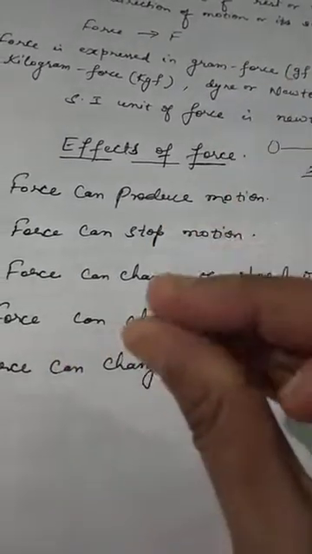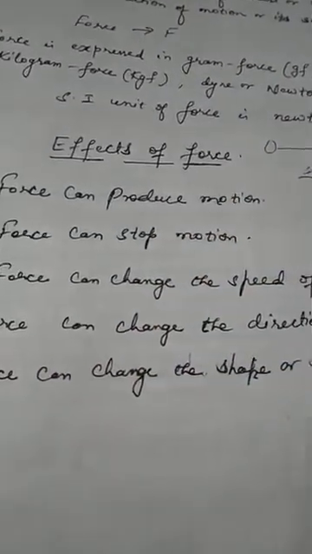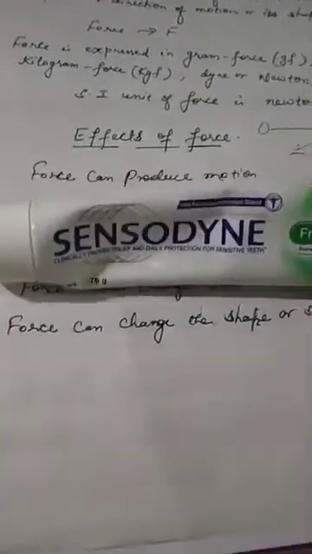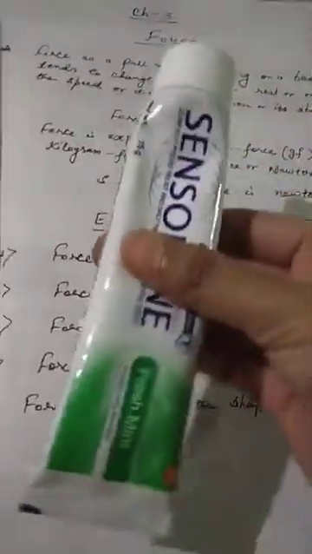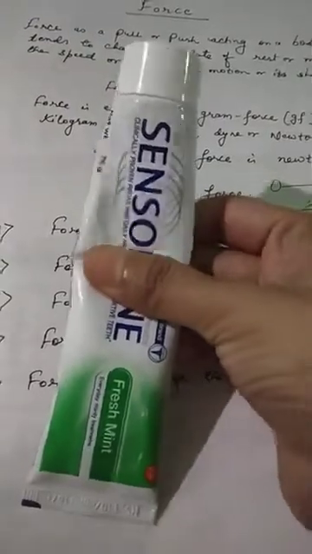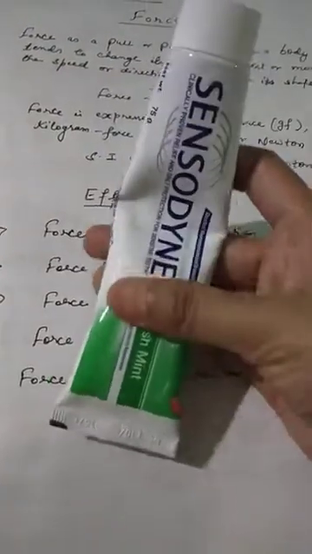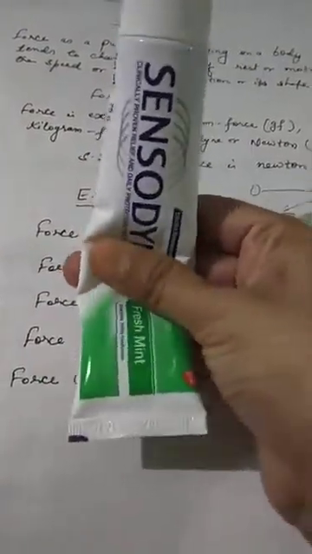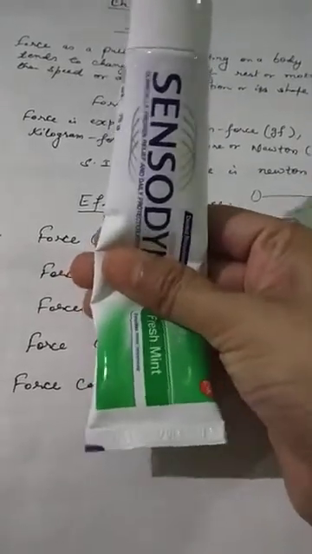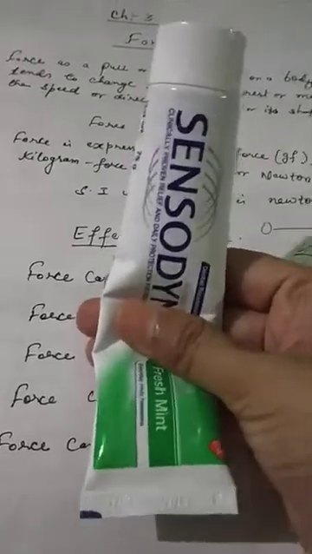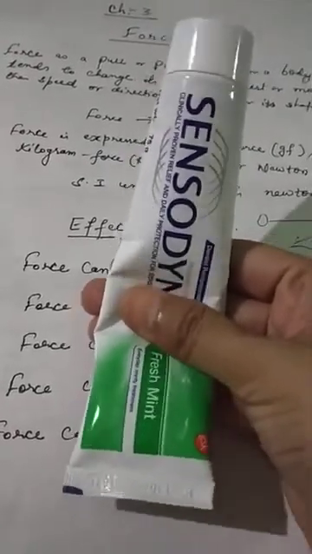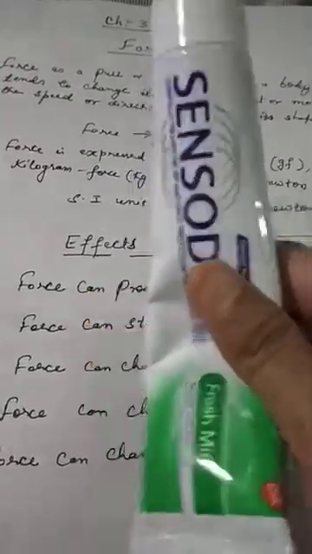Its shape changes. I have for you this tube of toothpaste. You can see, if we apply force on this toothpaste tube, then its shape changes. So by applying force, the object can change its shape and size also.